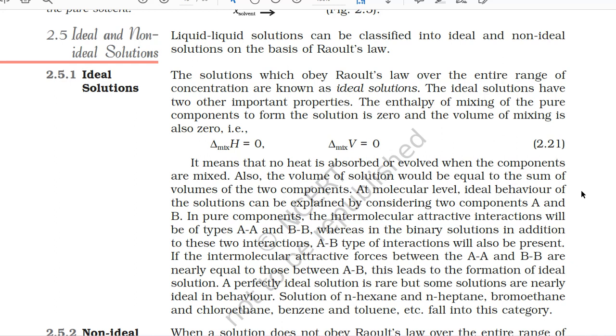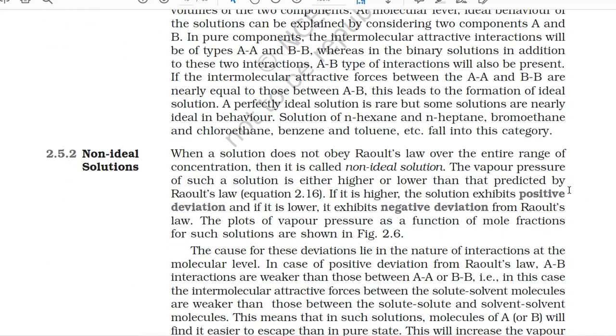If the intermolecular attractive forces between the AA and BB are nearly equal to those between AB, this leads to the formation of ideal solution. A perfectly ideal solution is rare, but some solutions are nearly ideal in behavior. Solutions of n-hexane and n-heptane, bromoethane and chloroethane, benzene and toluene, etc. fall into this category.